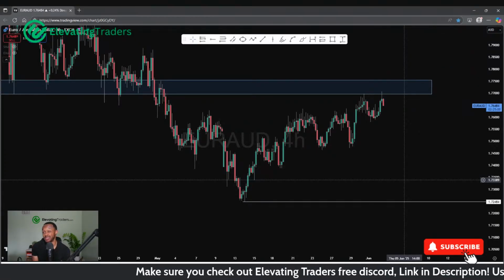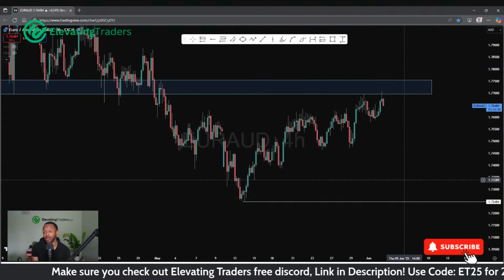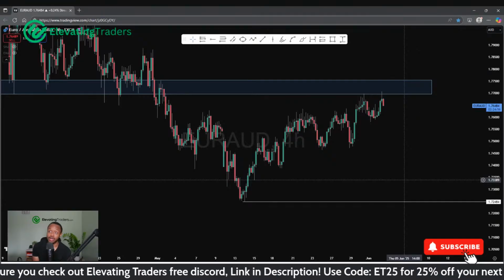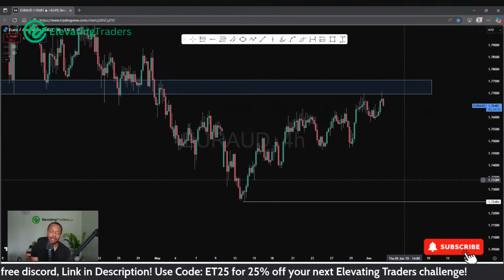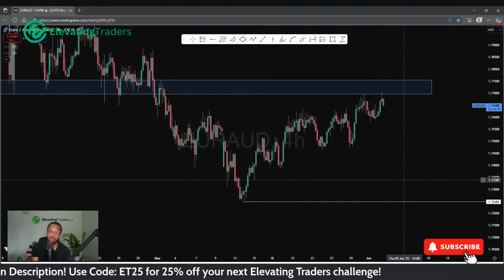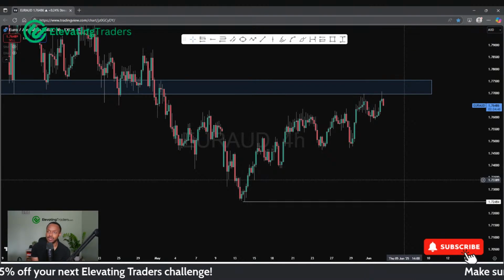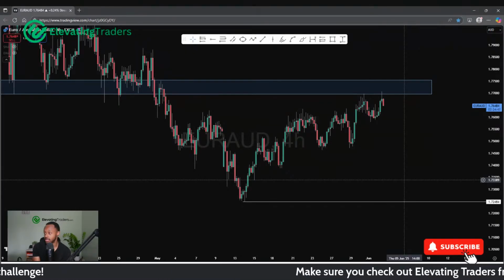And of course, they're very similar pairs anyway. So if Euro Aussie does sell off, pound Aussie is going to sell off too. It's not like one's going to sell and the other one's going to buy. Maybe they move at different speeds, but that's about it. In terms of the direction, it will be 90% of the time the same direction. But Euro Aussie looks a little bit better to me, but I will go through pound Aussie and pound USD.